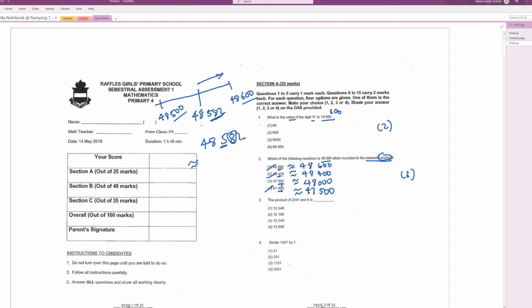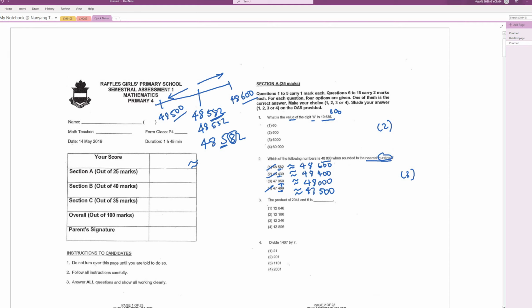But what happens if this number is 48,532 instead? Because 32 is somewhere over here in this region, we round down. When we round up, we change the hundreds digit by plus 1. So 5 becomes 6. And we change the remaining values on its right to 0.